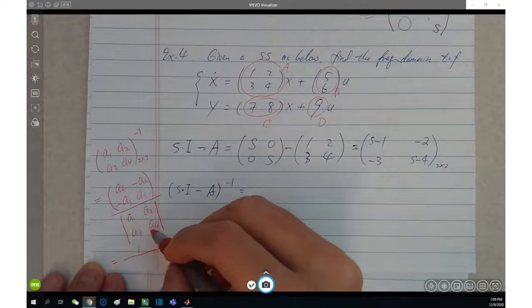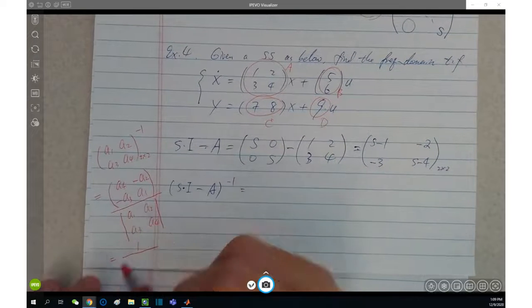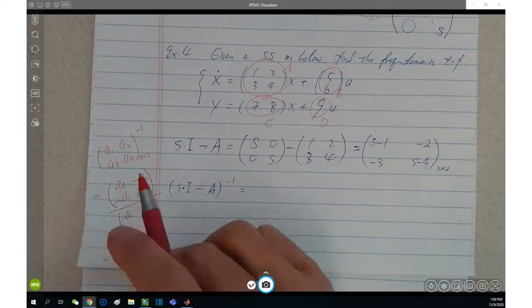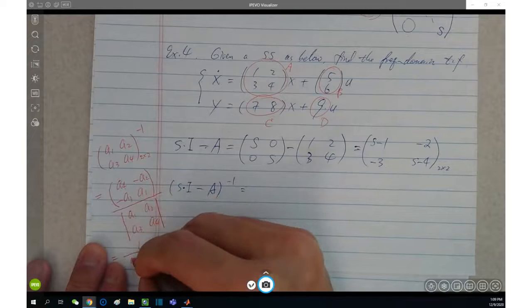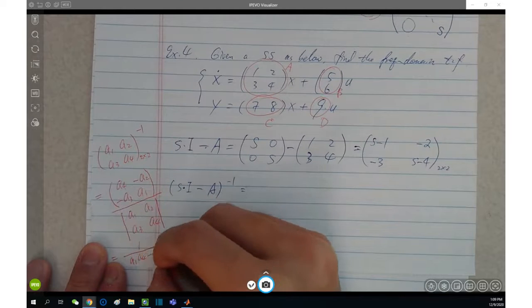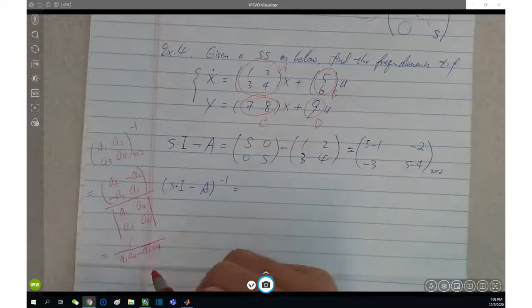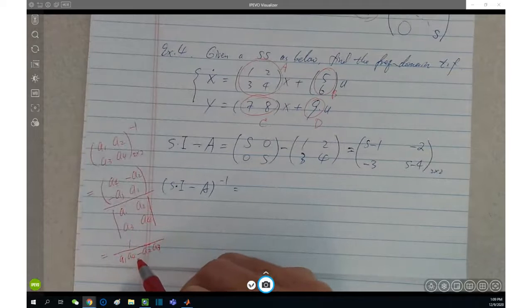So determinant here, how to calculate this determinant? 2x2. A1, A2, A3, A4, what's the determinant? Good. A1 times A4 minus A2 times A3, right? So this is in the denominator, so 1 over the denominator.